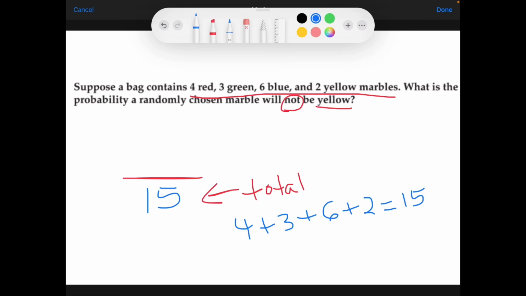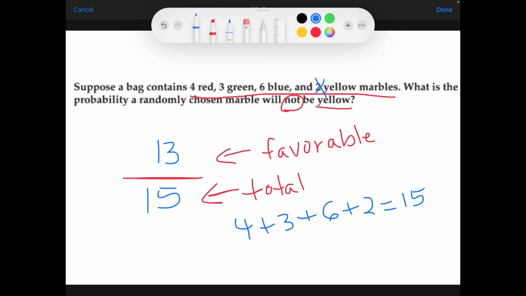Okay, and then at the top, we want to put the ones that we're worried about, the favorable. Well, we don't want any that are yellow. So we would want to subtract the yellow number. And so that would be 15 minus 2, right? 15 minus 2 would give me 13.